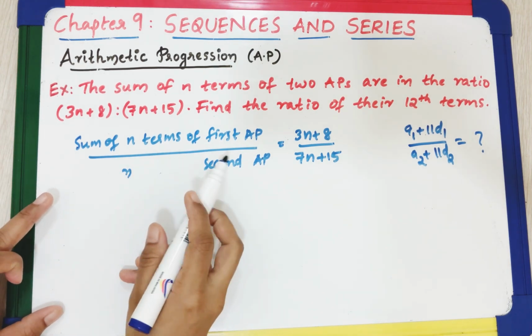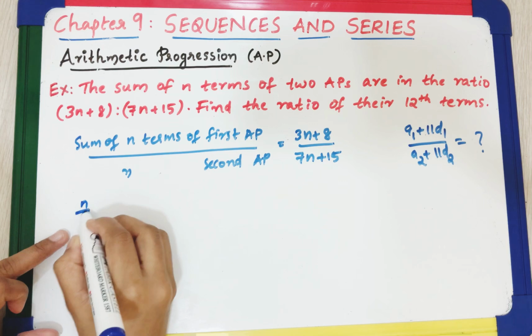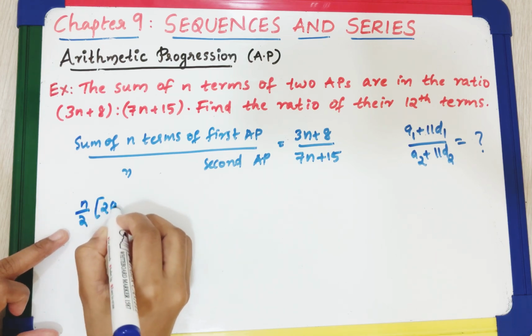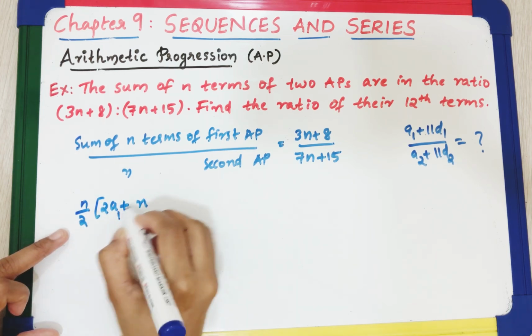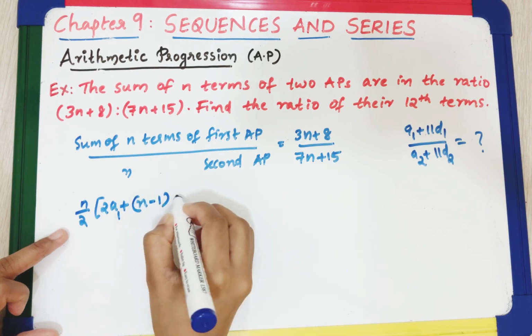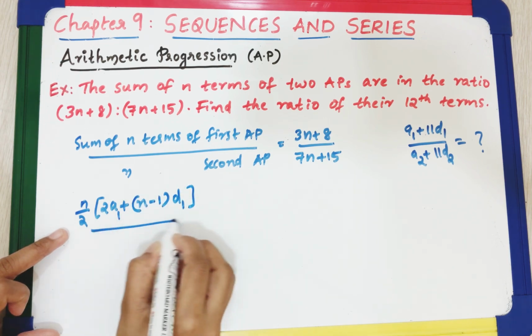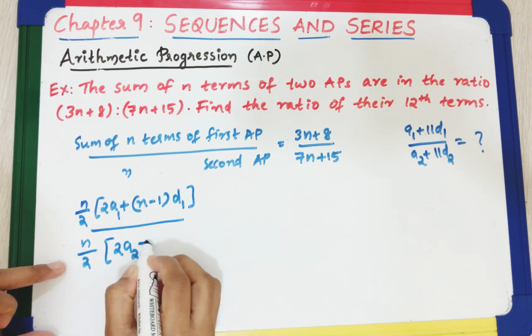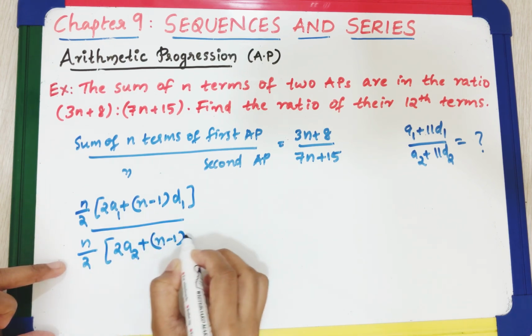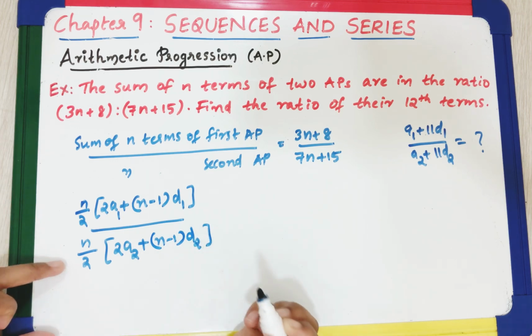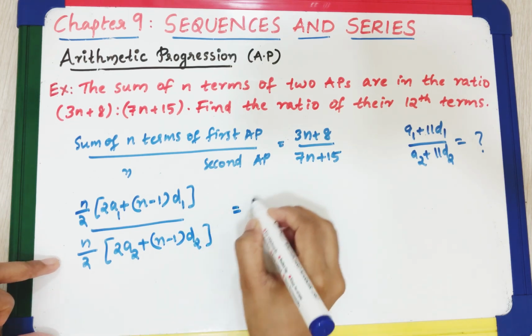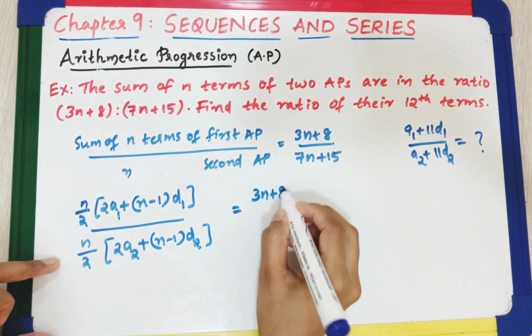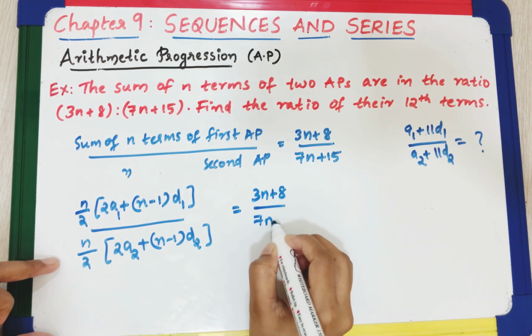So the sum of n terms of the first AP is n by 2 into 2a1 plus n minus 1 into d1, by n by 2 into 2a2 plus n minus 1 into d2, which is equal to 3n plus 8 by 7n plus 15.